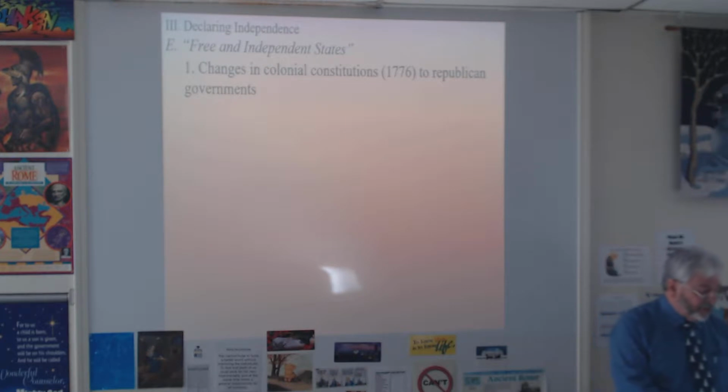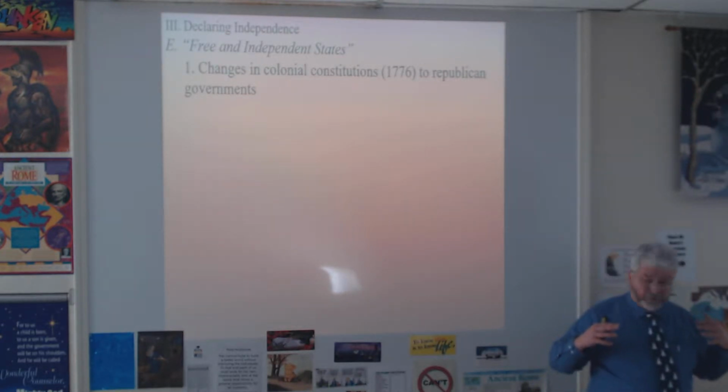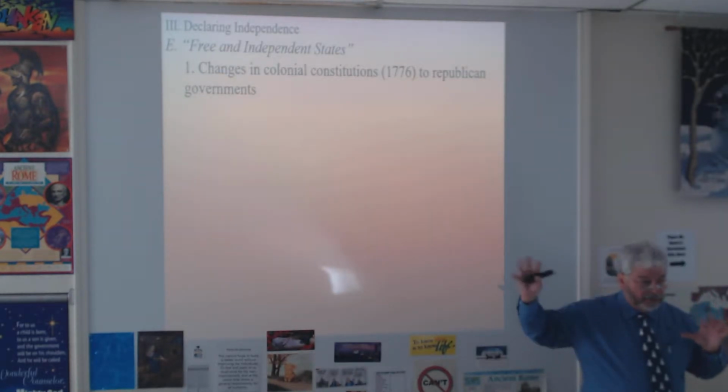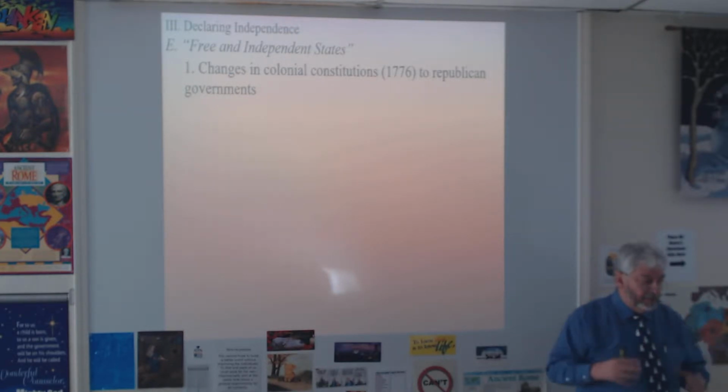And that simply means that there were representative governments established in each of the colonies. So no longer are they looking outside of their own particular colony for governance. But it's a republican form of government, not democracy, a republican form of government in which people have representatives making those governmental decisions.